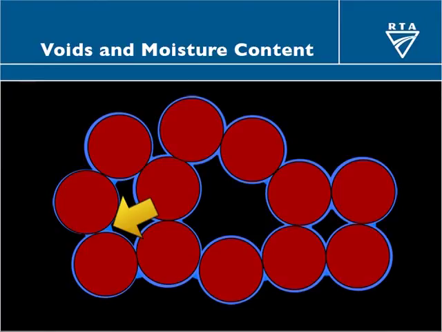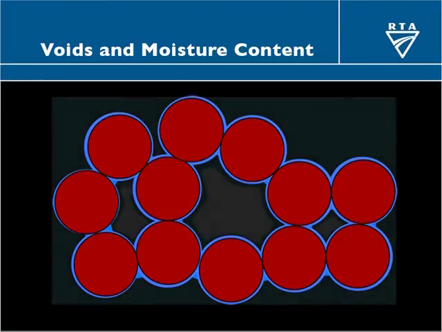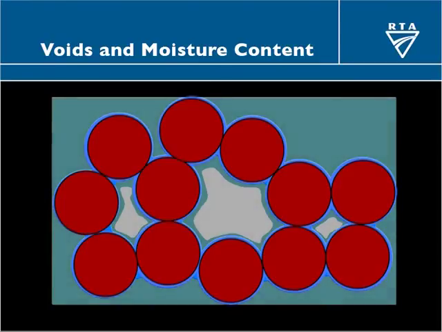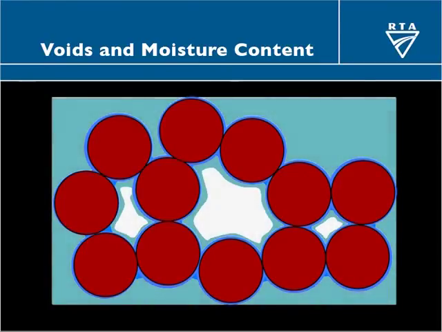So something like that. Now, as we add more water, the water doesn't just go to fill the voids. What happens is those surface films become thicker, something like this. And for the purposes of this, we're only interested in the voids between the particles. We'll ignore the area around the outside of the diagram.